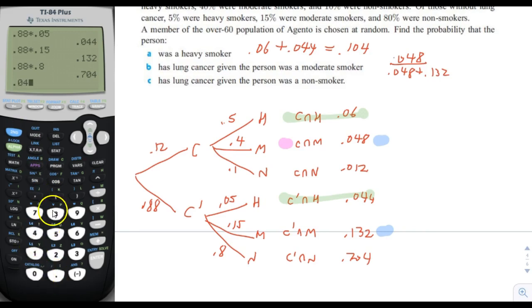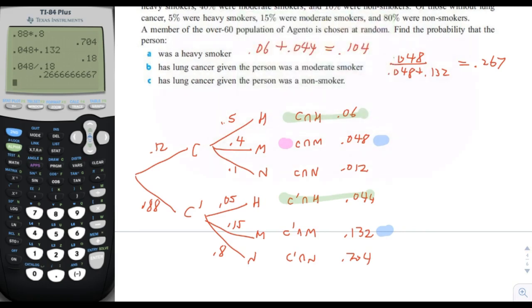So 0.048 plus 0.132 is the denominator, and the numerator is 0.048, divided by that. So it's 0.267. Let's check that. Yes, okay.